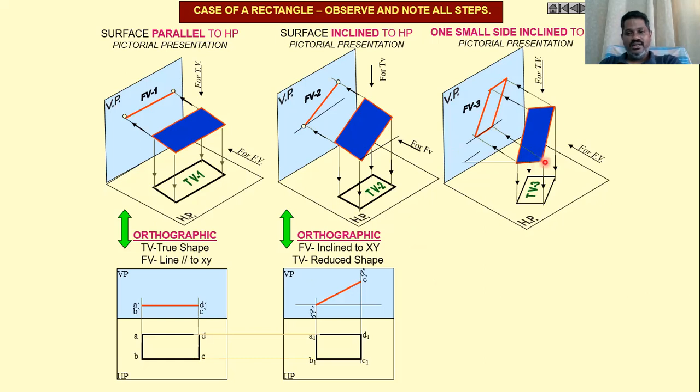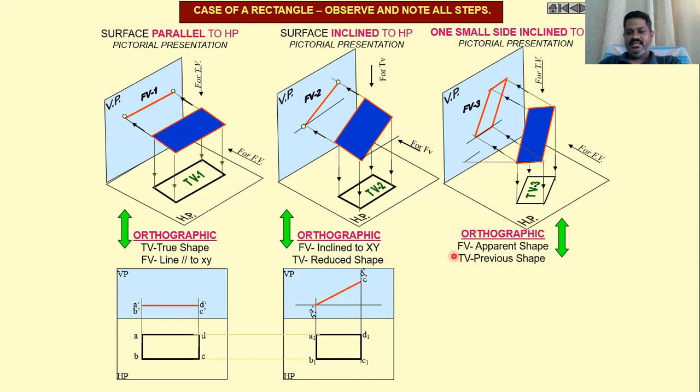Then the small edge of this rectangle is also making some angle with the vertical. So when you see from the top, we will get the reduced shape, or when you see from the front also, we will get the reduced shape. In both the cases, we will not get the true shape. We will not get the straight line.